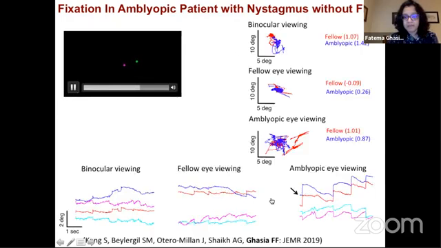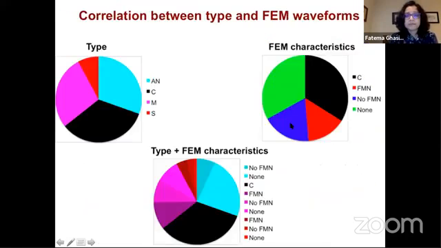This is what the eye movement traces show. The nystagmus is most pronounced during amblyopic eye viewing. Notice that during fellow eye viewing, there are some nystagmus beats, but you do not see the reversal in the direction of the quick phases like you see in FMN. And again, these patients have increased instability, which is particularly worse during amblyopic eye viewing.